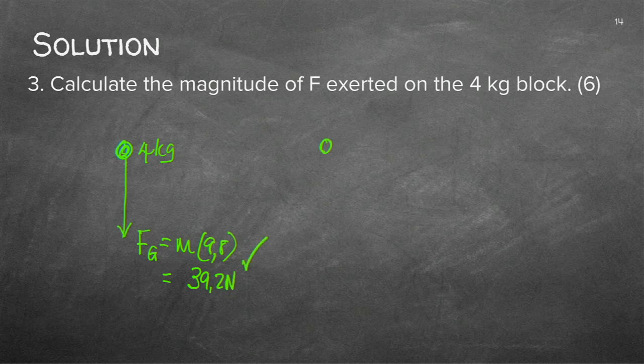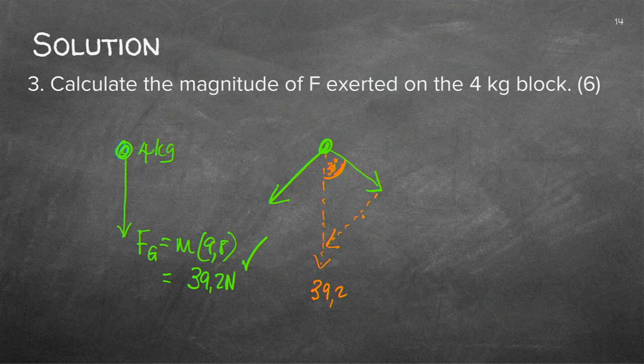Now we want to calculate that component. Remember, that's substituted with those two components. And I'm quickly going to draw my triangle just again, just to refresh you. So I've got the hypotenuse. The hypotenuse is 39.2. And I can clear my triangle. And that angle there will be 30 degrees.